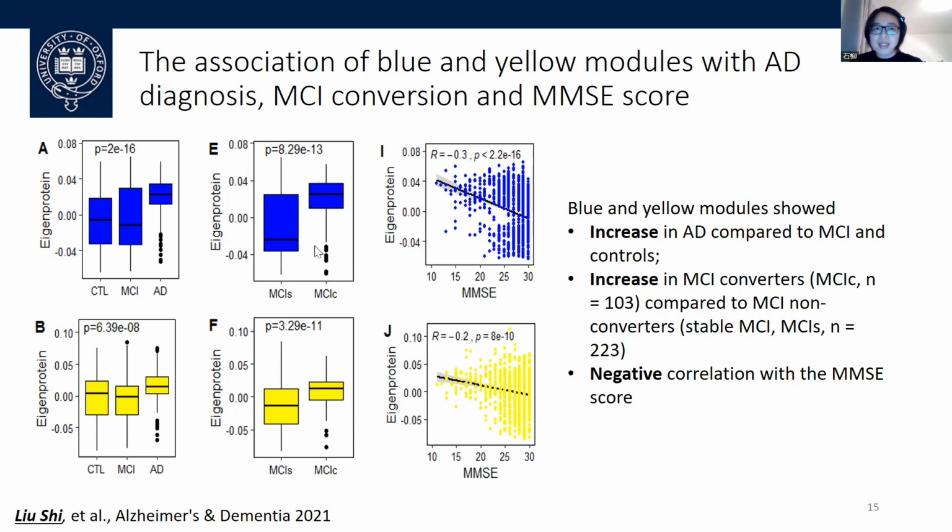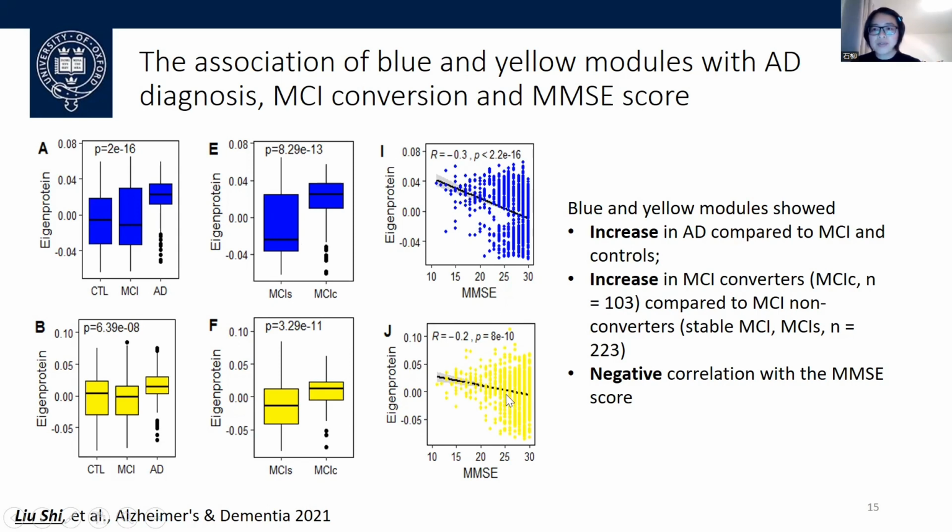So as you can see, these two modules increased in AD compared to healthy controls, and increased in MCI converted to AD compared to MCI non-converted to AD. In addition, they were negatively associated with MMSE score.